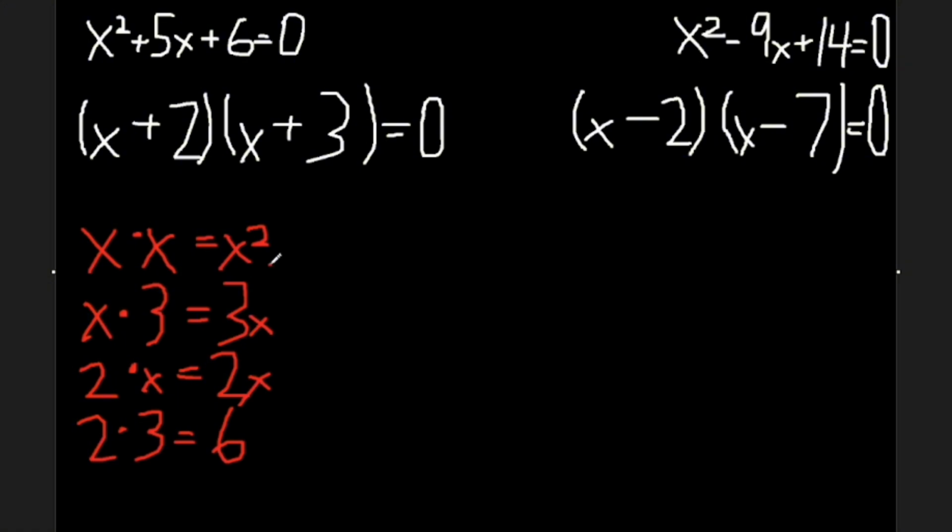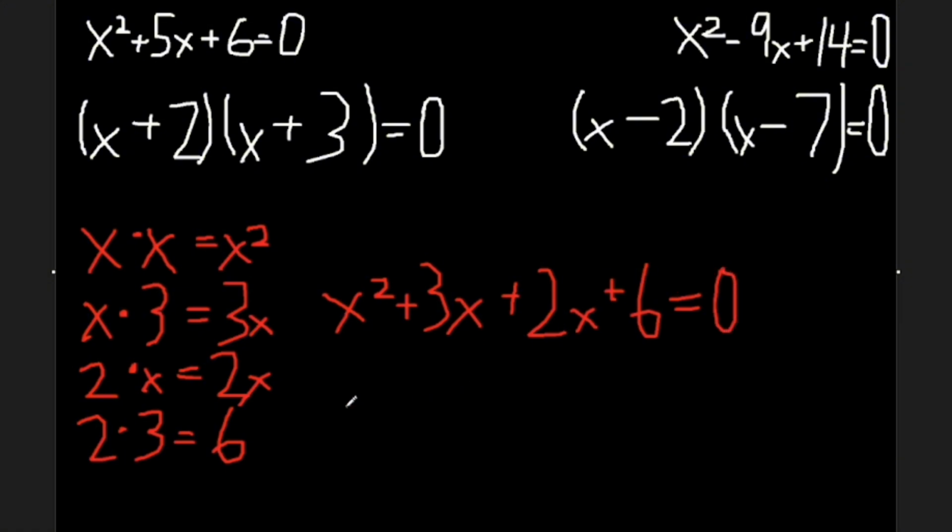So now we just have to arrange it. It's x squared plus 3x plus 2x plus 6 equals 0.